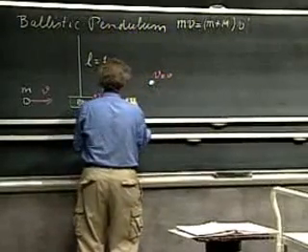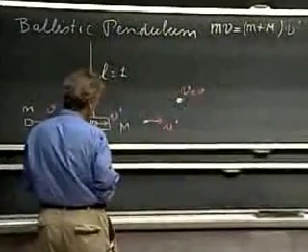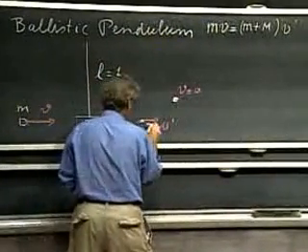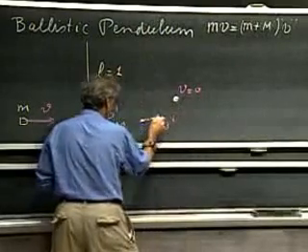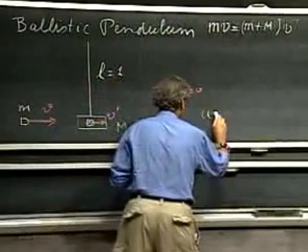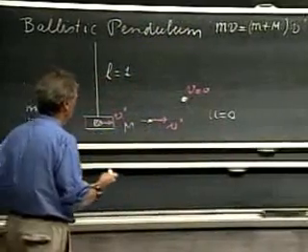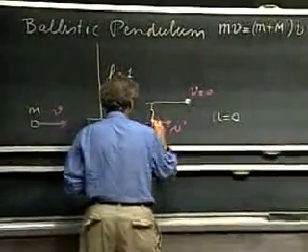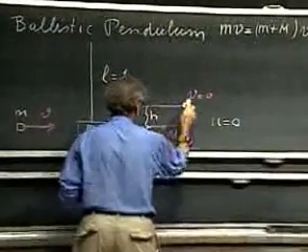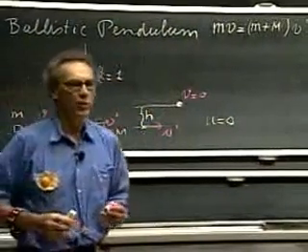When it was here, it had a speed v prime, and we know that there was kinetic energy here, no gravitational potential energy. I can call this level u equals 0, but right here, if this difference in height is h, then all the kinetic energy has been converted to gravitational potential energy.